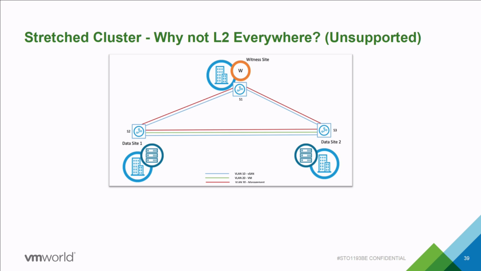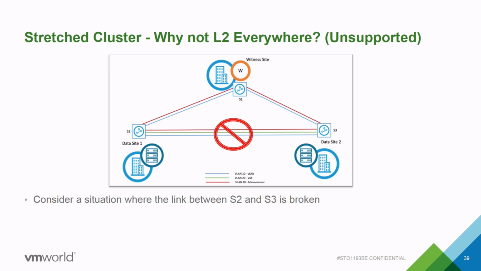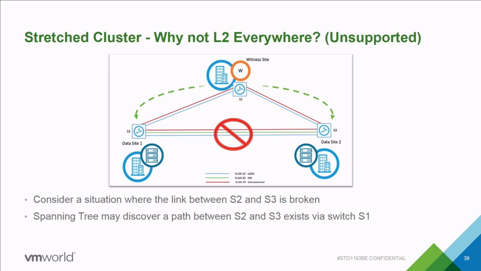But what's happening if one of the data channels between the sides is broken, so the data synchronization? This can actually introduce something very bad. You actually let the traffic flow over the witness.